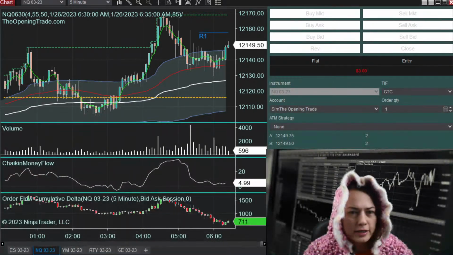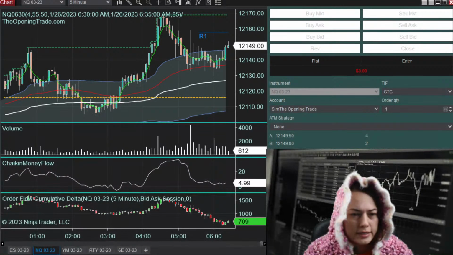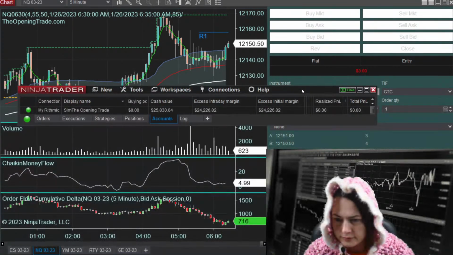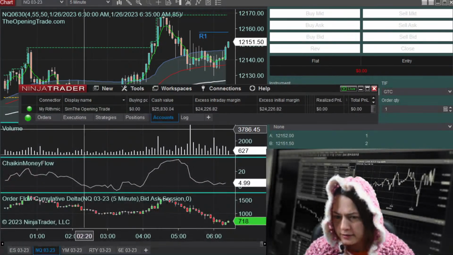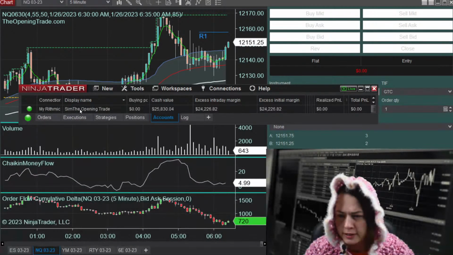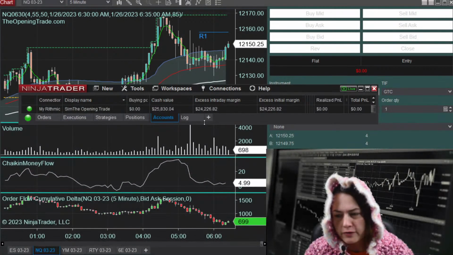All right, so let's take a look at our current sim account balance. So here we are, simulated the opening trade. This is the current account balance. We did start with $25,000.